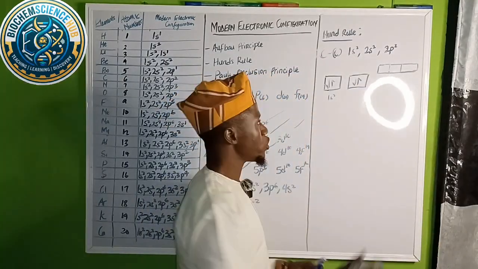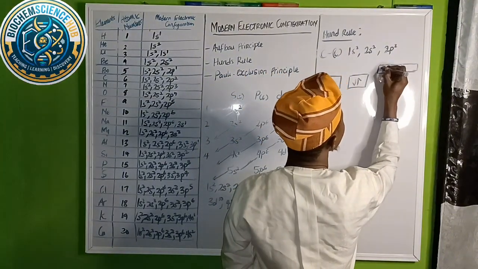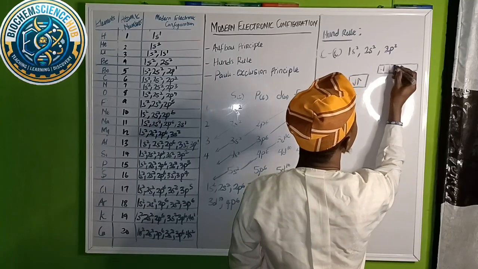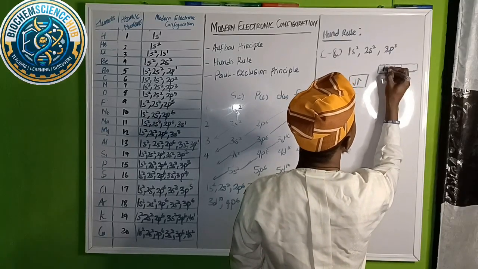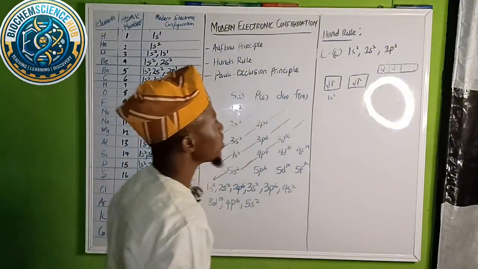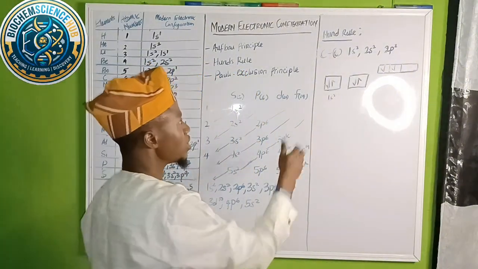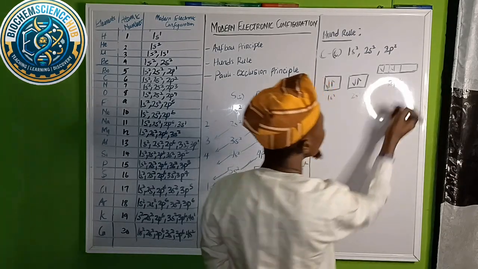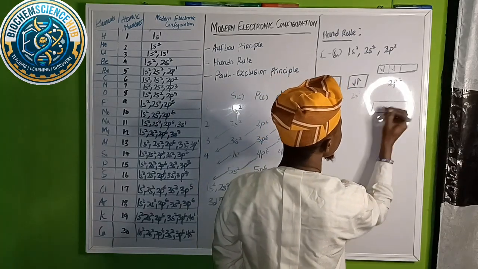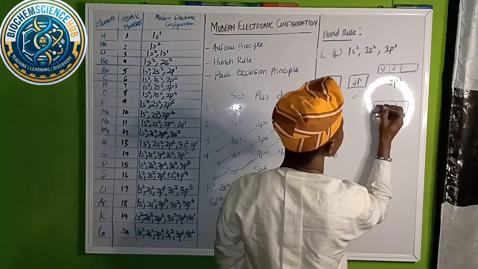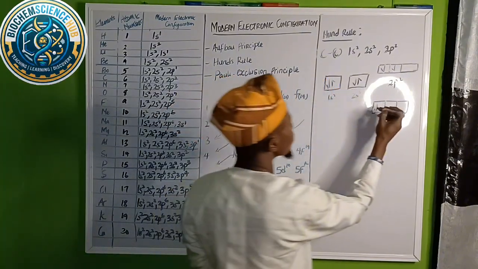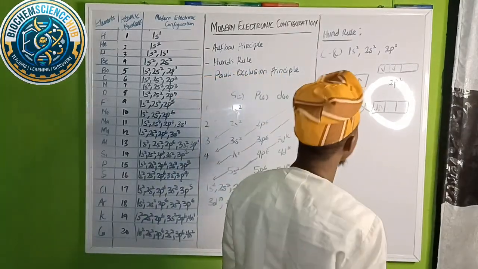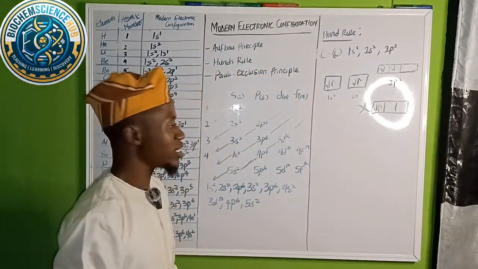So moving to 2p2, that's what Hund's rule is telling us. So this 2p2 shouldn't be written like this. It shouldn't be written this way. Just like we fill this one, now do like this for this 2p2. This is totally wrong. That's what Hund's rule is telling us.